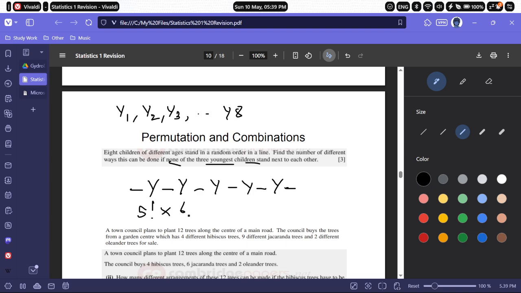So you can think of it as 6C3 times 3 factorial, or it's basically 6P3. And let me just calculate the answer. And that gives you the answer as 14400.